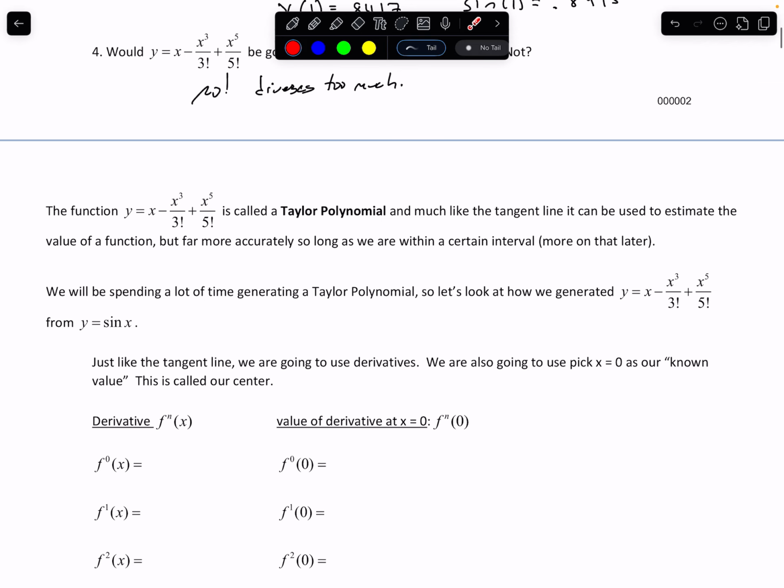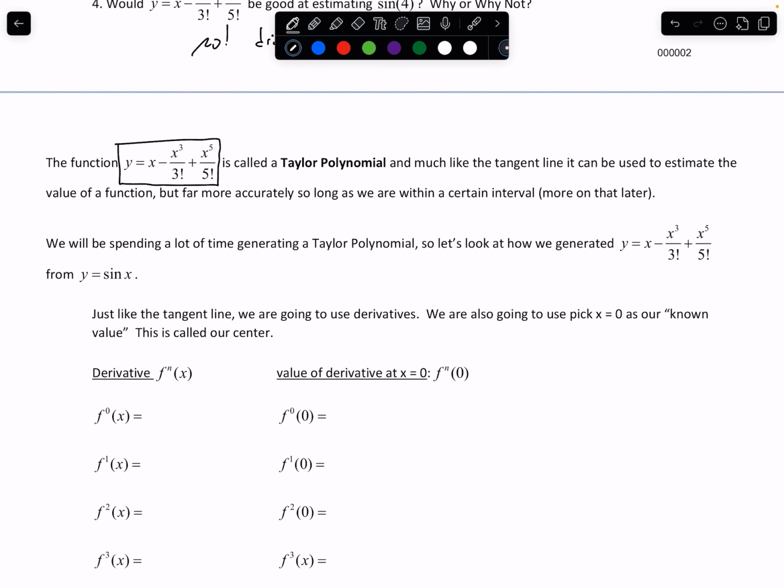In this video, we're going to talk about what that polynomial is called. Our function, this polynomial that we use, is something that we call a Taylor polynomial. And much like the tangent line, we use it to estimate the value of a function. But it is far more accurate as long as we stay within a certain interval.